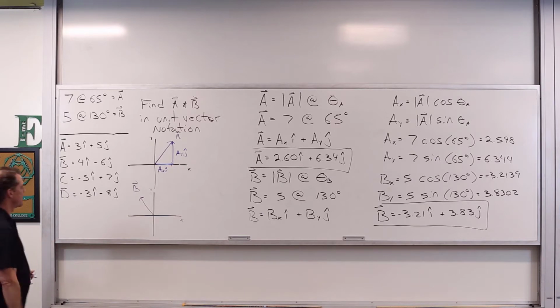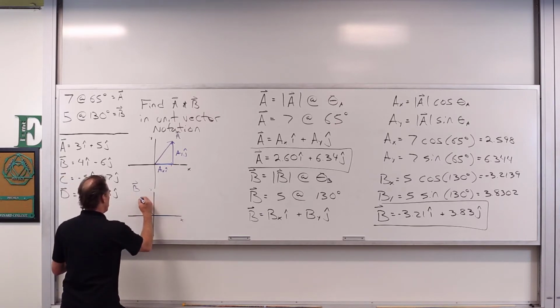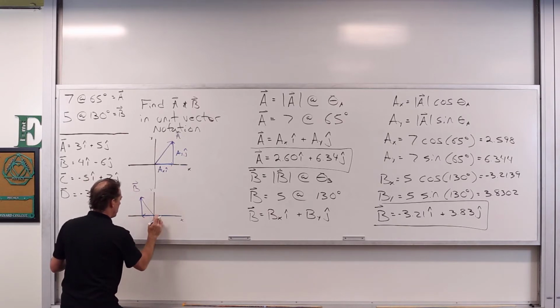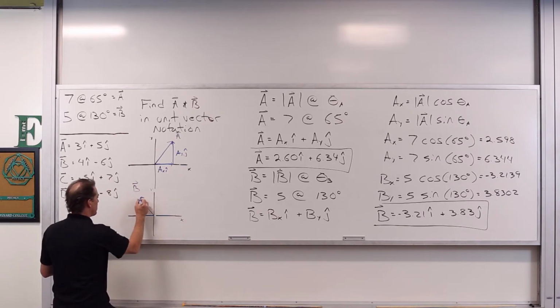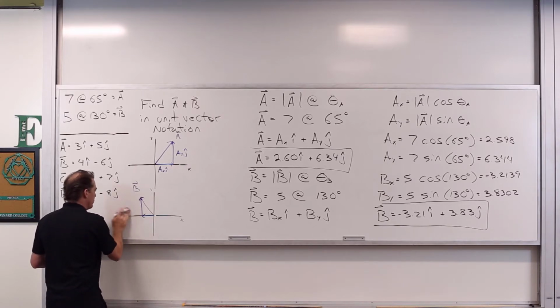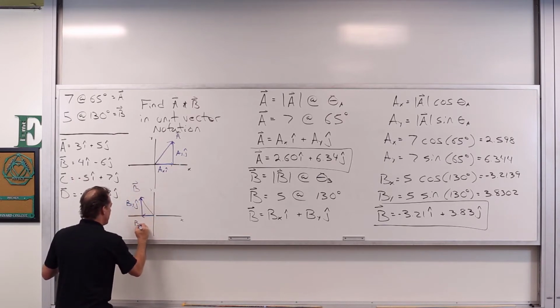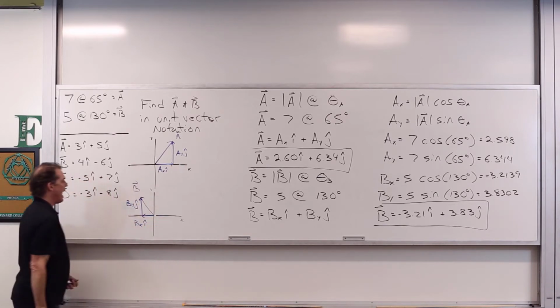So now let's look at this. We'll begin, project this down, and then sweep over on the x-axis, and we've got ourselves B sub y, not A, it's B sub y j hat, and B sub x i hat.